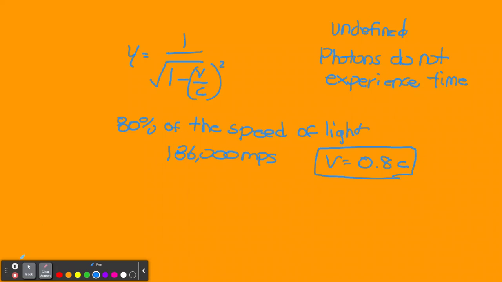What happens if we plug that in? And also for this equation, instead of using miles per second, we're going to use meters per second. So in meters per second, it's this big number here.